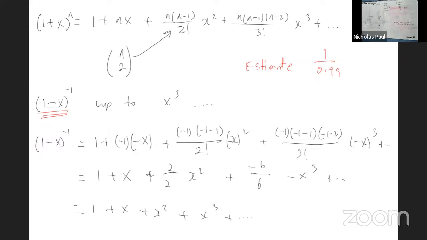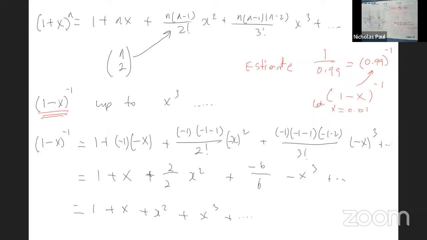We use x as 0.01. That makes sense, right? Because what you see here, 1 over 0.99 is 0.99 to the minus 1. How do you get 0.99 if you have (1 - x) to the minus 1? All we have to do is let x equal 0.01.